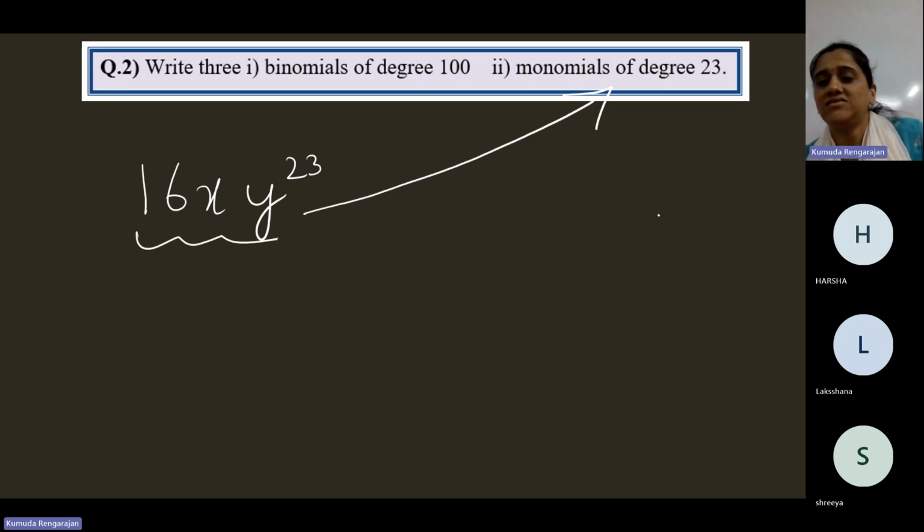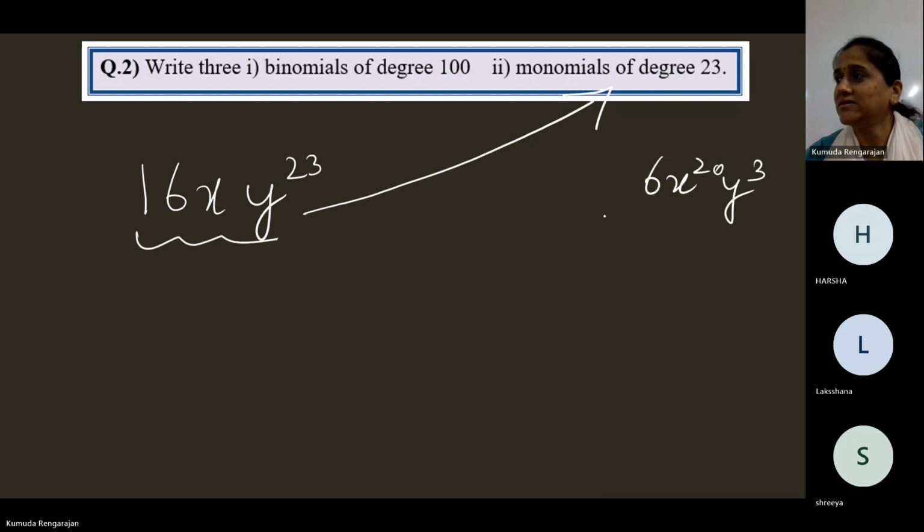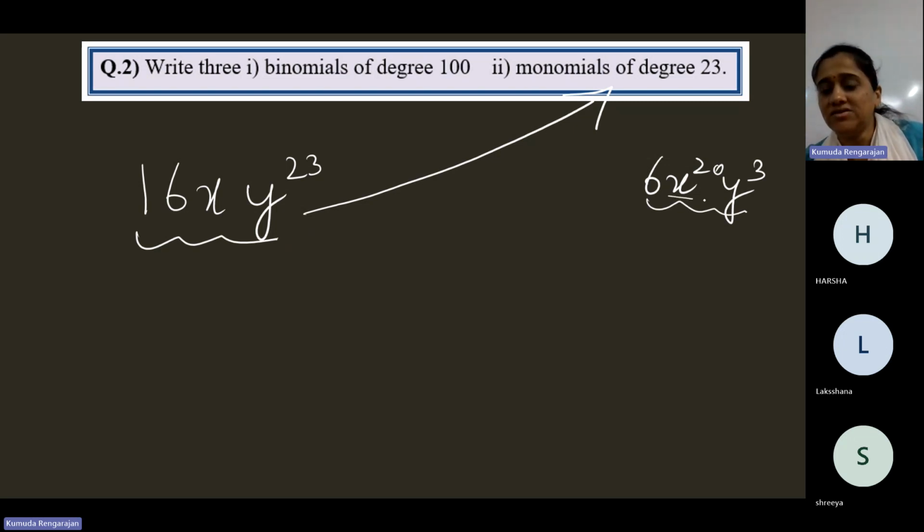Hmm. 6 x to the power 20 and y cubed like this. Yes. Correct. This is correct. It's a monomial, and that means there's only one term, and in the term there are two variables x and y, power 20 and 3. So 20 plus 3 is 23. So the degree is 23. Correct? Sure.